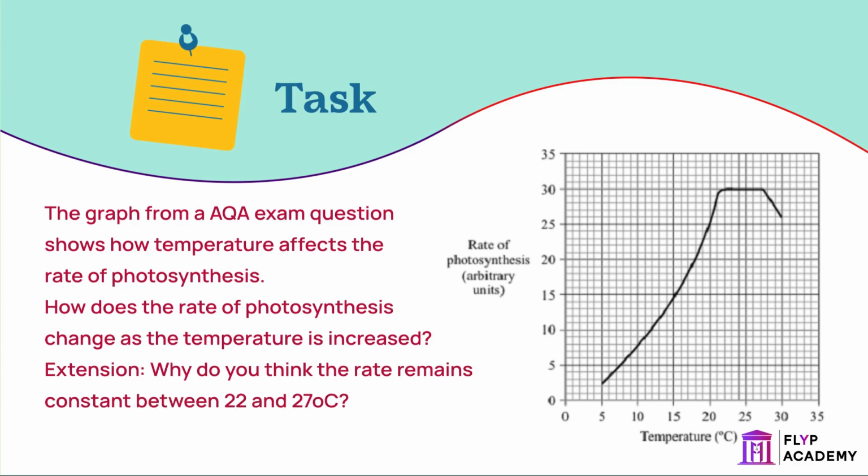The rate of photosynthesis increases from 2.5 to 30 before levelling off, then the rate decreases down to 26. The rate remains constant between 22 and 27 degrees Celsius due to another limiting factor, such as light intensity, carbon dioxide availability, or the amount of chlorophyll in the leaves.